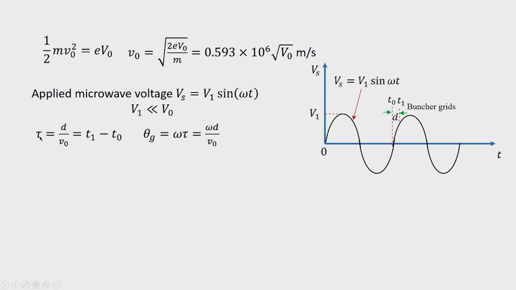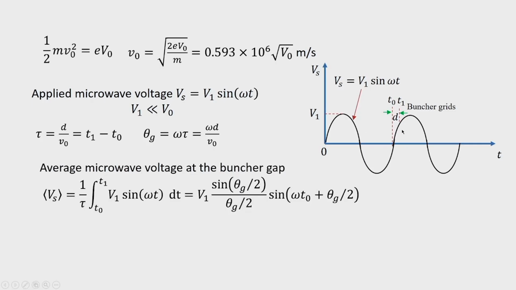So, this is the transit time, and θg, the transit angle, is ωτ, which is ωd by V0. The average microwave voltage that it experiences at the buncher gap is (1/τ) times the integral from t0 to t1 of V1 sin ωt dt, and when this integral is evaluated, we can write the average voltage to be equal to V1 [sin(θg/2) / (θg/2)] sin(ωt0 + θg/2).